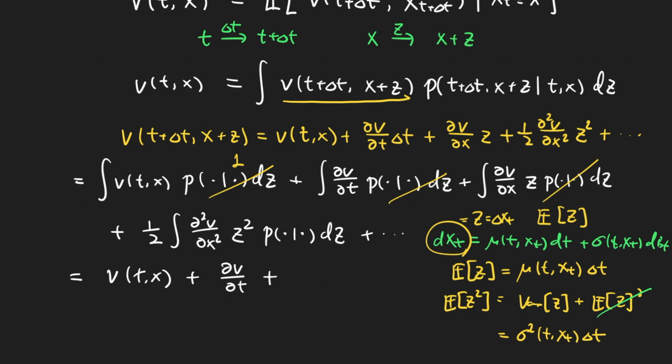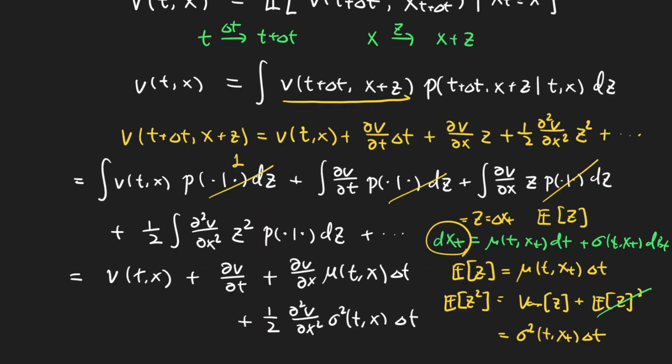Now we can replace the integrals with moments. That gives us partial v partial x times mu of t and x times delta t, plus a half times the second partial derivative times sigma squared of t and x times delta t.